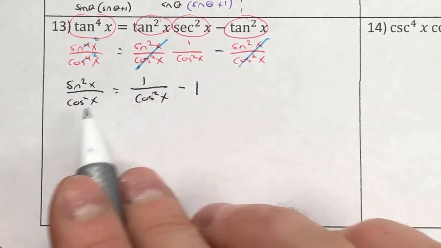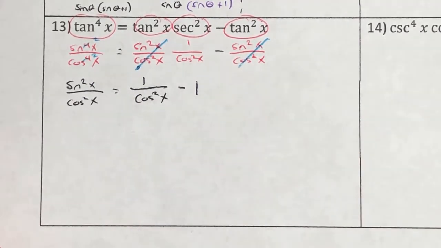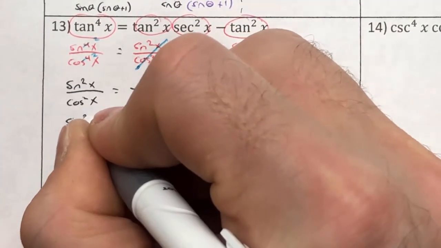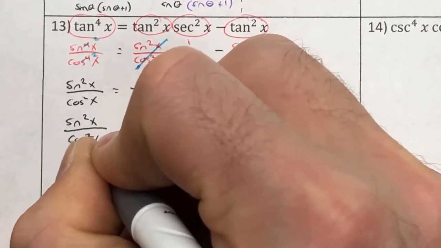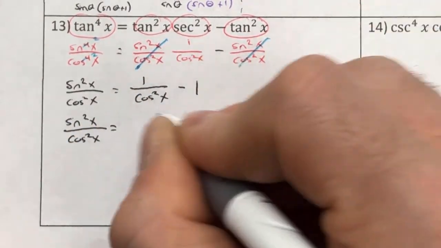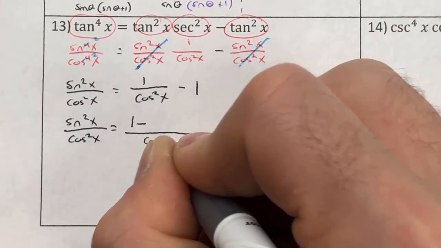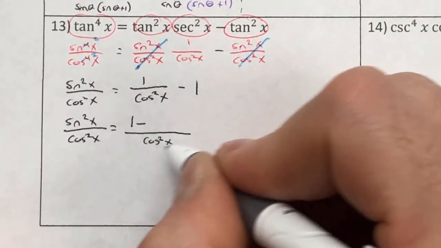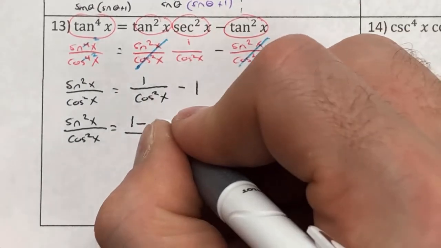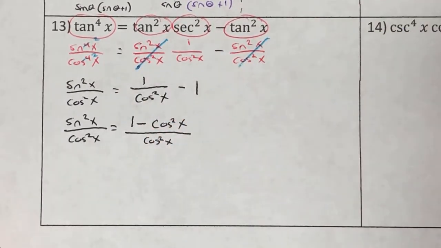The next thing that I'm going to do is try and combine that with the original fraction by multiplying top and bottom by cosine squared. So if I multiply top and bottom, I'll have my bottom, but 1 times cosine squared is cosine squared.